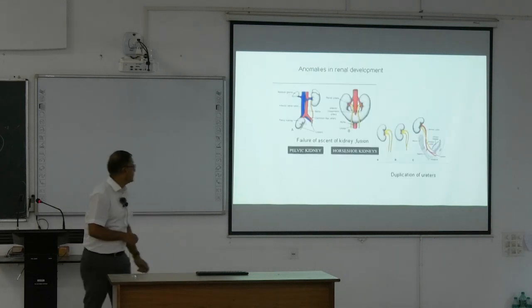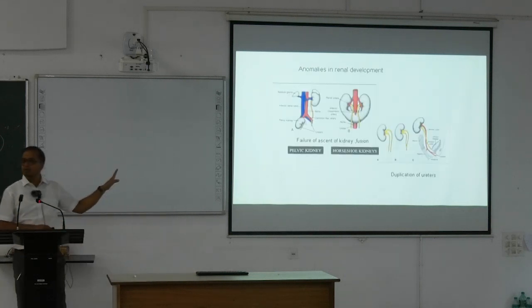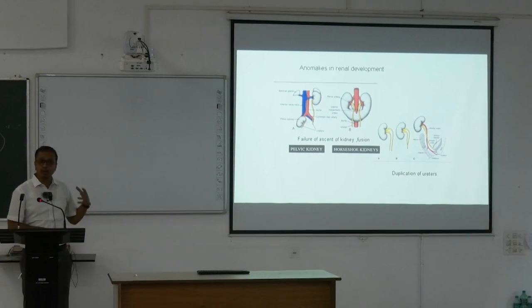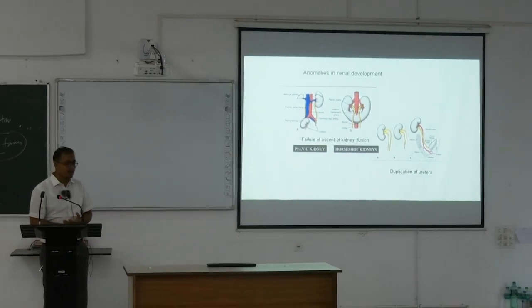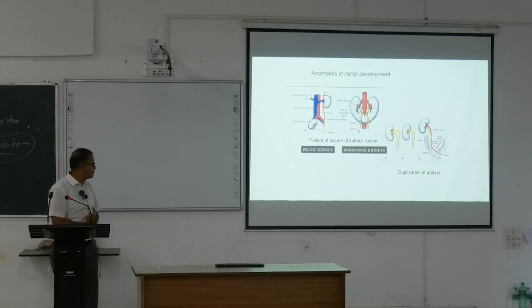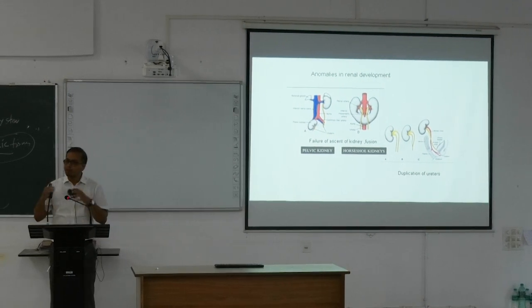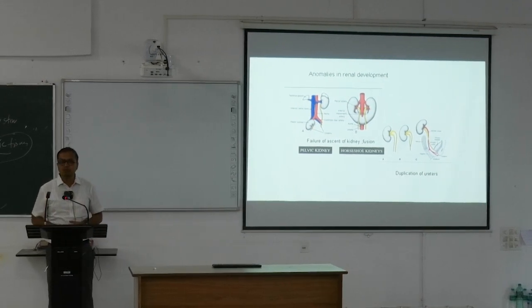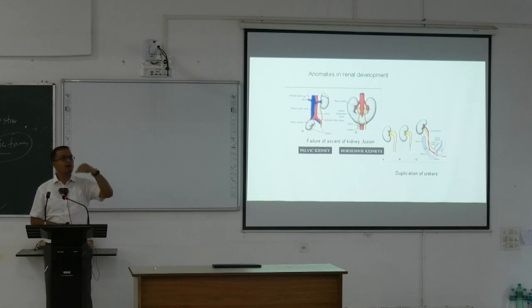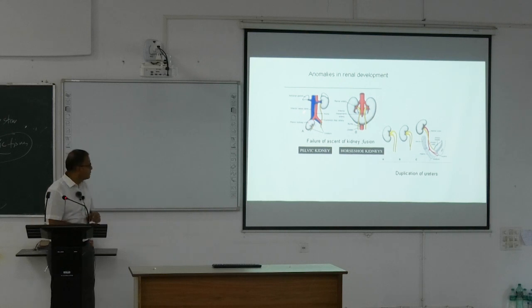Now, the second form is what we call abnormal positions of the kidney. As I have mentioned, it could be inside the pelvic cavity because it hasn't moved up, and we call that a pelvic kidney. Maybe both of them are present inside the iliac fossa, we call that a bilateral pelvic kidney. If one kidney has moved up and one kidney remained in the pelvic region, we call that a unilateral pelvic kidney.